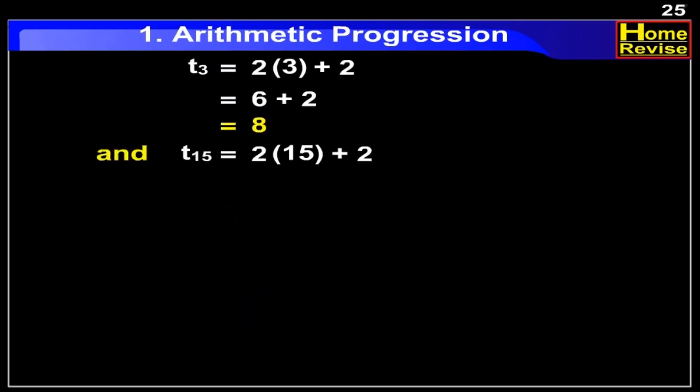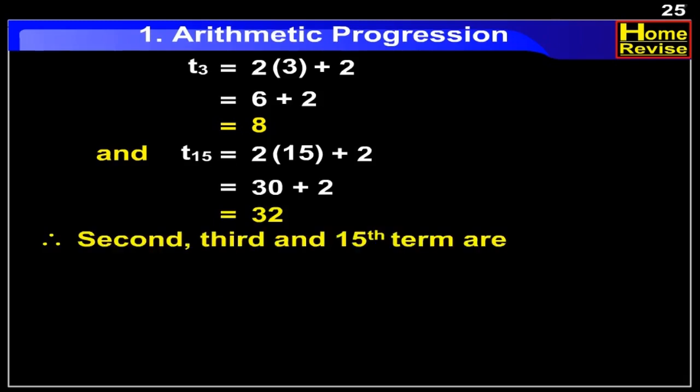And T15 is equal to 2 into 15 plus 2, which is equal to 30 plus 2, which is equal to 32. Therefore, second, third and the 15th term are 6, 8 and 32 respectively.